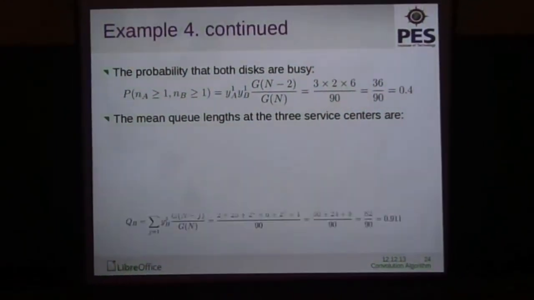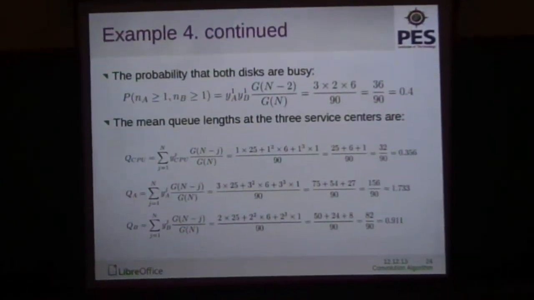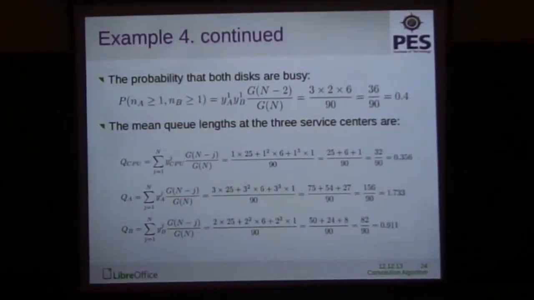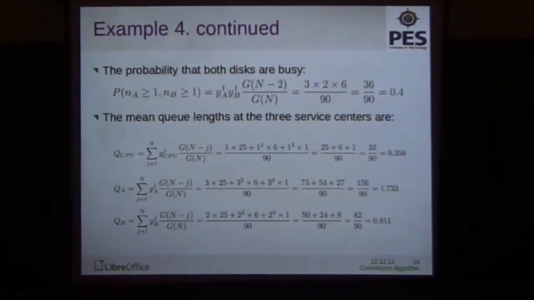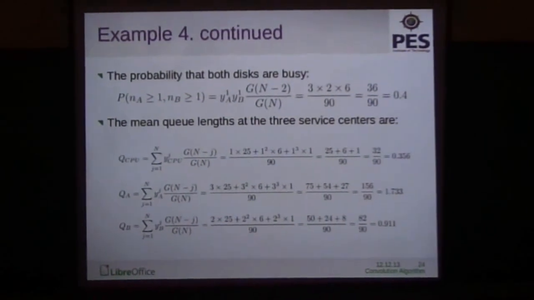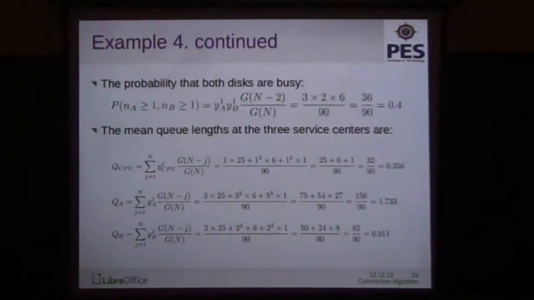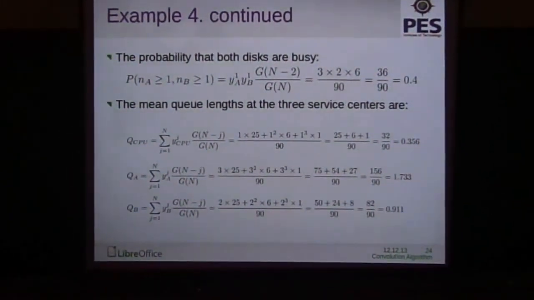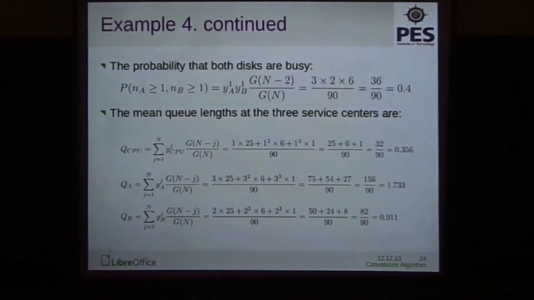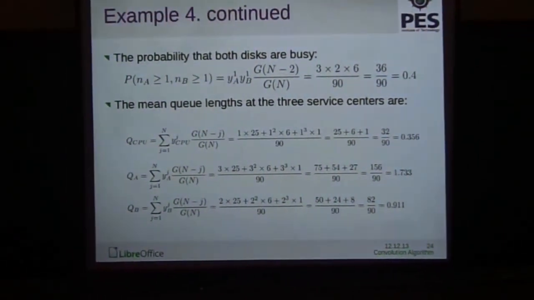The mean Q length at the three service centers are: Q of CPU, which is summation of j equals 1 to n of y to the power j of CPU into g of n minus j by gn, which comes to 0.356. QA is summation of j equals 1 to n of ya to the power j into g of n minus j by gn, which comes to 1.733.